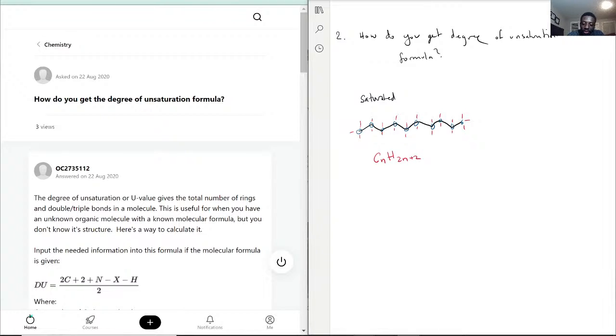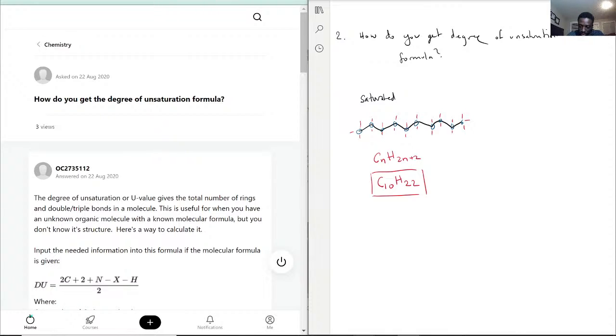So you notice if we have here 1, 2, 3, 4, 5, 6, 7, 8, 9, 10 carbons, it'll be C10H22. That is decane. That should be what it's called. But the point being here is that this is a completely saturated hydrocarbon. So now, with that being said, what does it mean to be unsaturated?